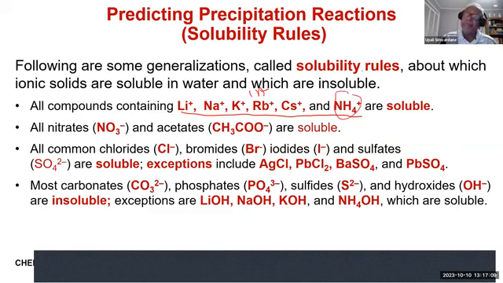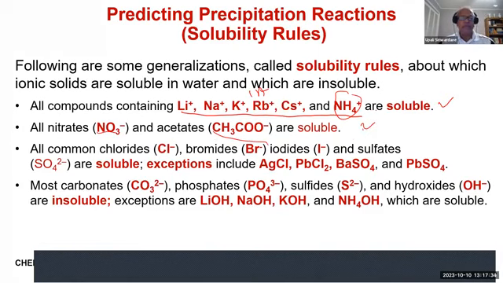If the salt has any of these cations, with any of the anions, it is soluble. That's a general rule, the most basic rule. There are two anions that are general rules too.